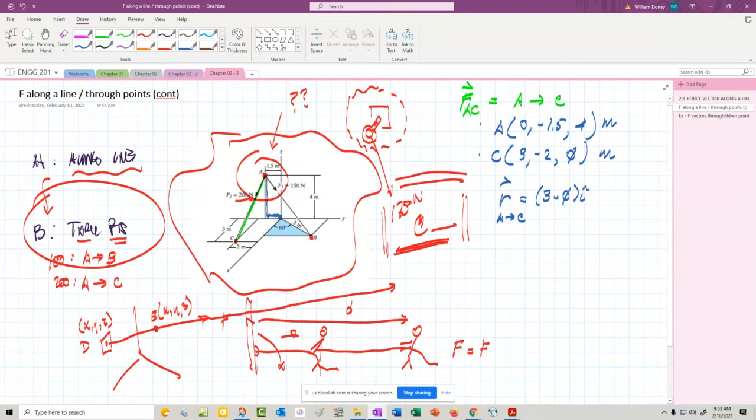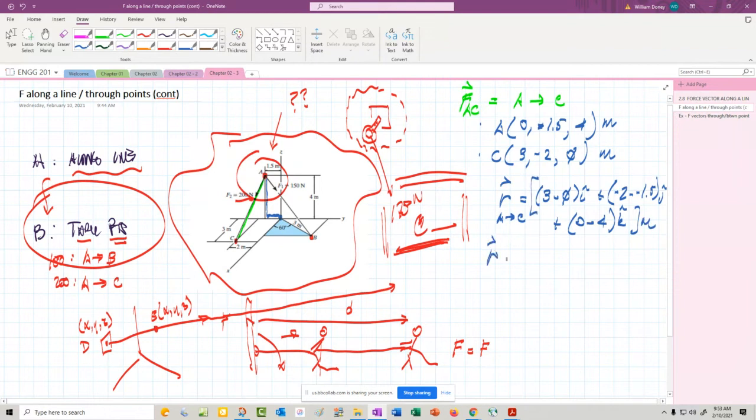The C minus the A, plus minus 2 minus a minus 1.5, right? Don't forget that minus, that's in the J direction, plus 0 minus 4 in the K direction, that all have meters.